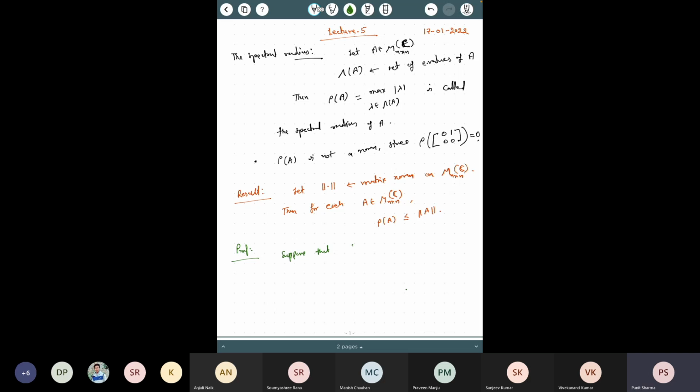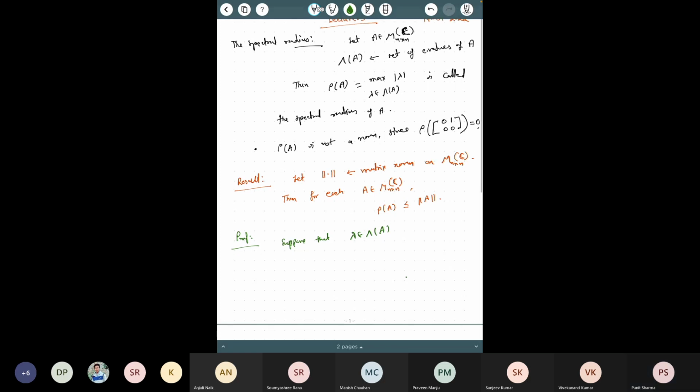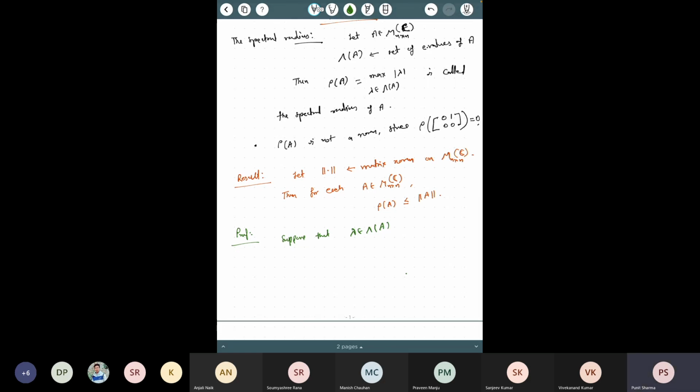Suppose that lambda is an eigenvalue of A, any eigenvalue. What does it mean? This means that there exists x not 0 in C^n such that Ax equals lambda x, right?